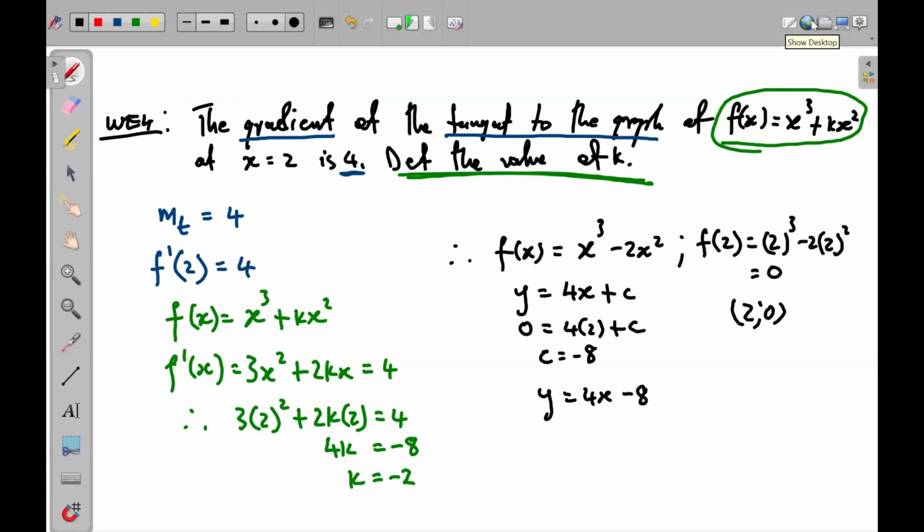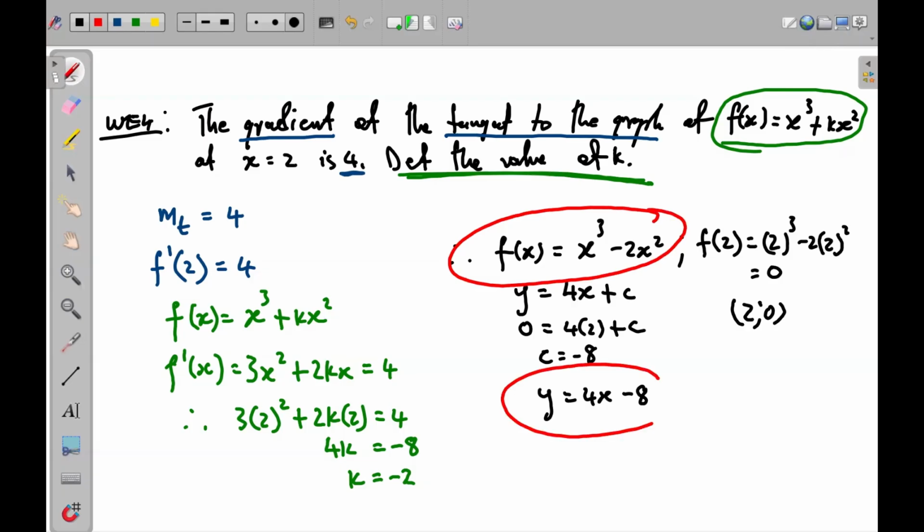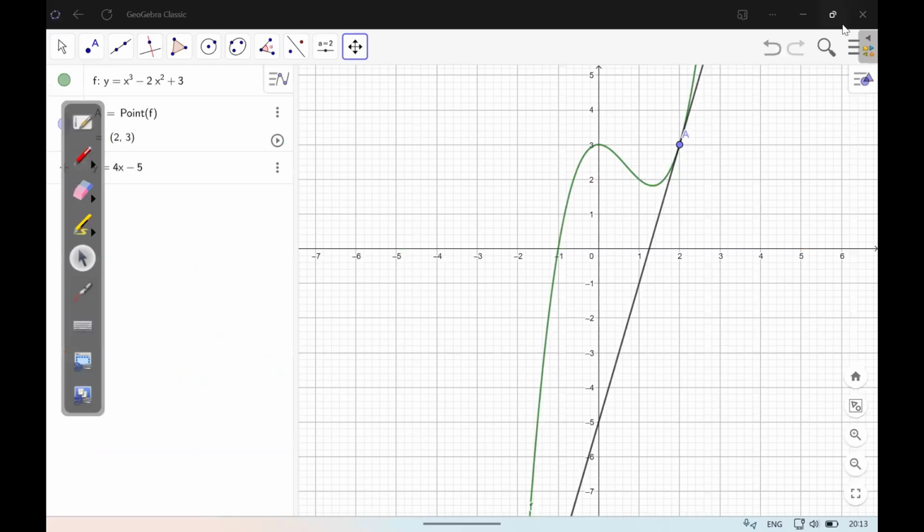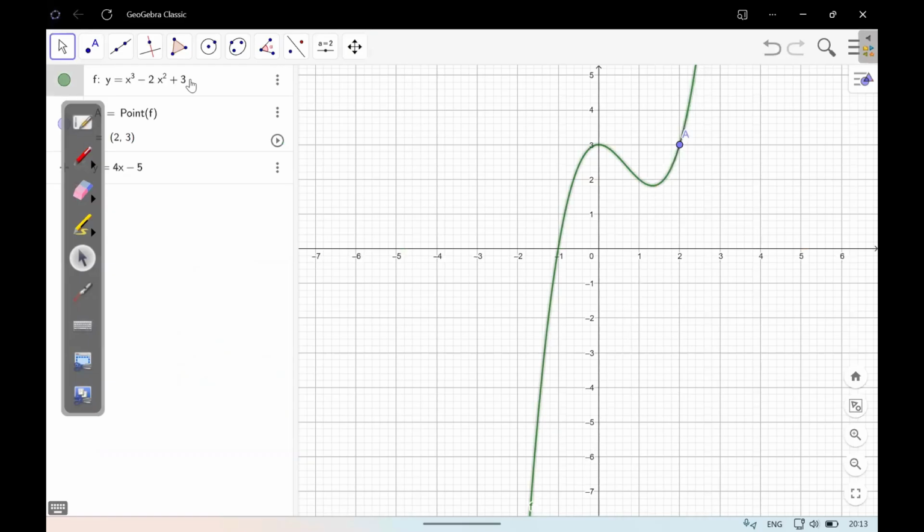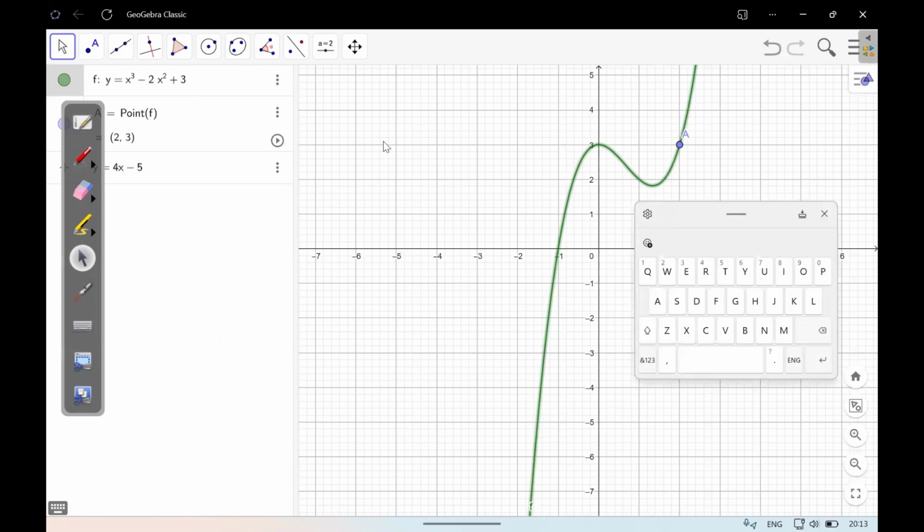So am I correct? Is this accurate? When we sketch this, that's what I'm going to do now, I'm going to sketch x cubed minus 2x squared as well as 4x minus 8. If this is indeed true, we expect them to meet at 2 and 0, which looks like the x-axis. So let's modify this one to x cubed minus 2x squared, actually.